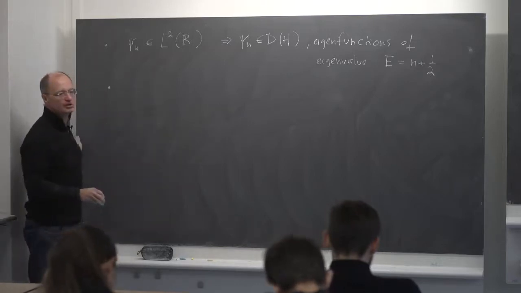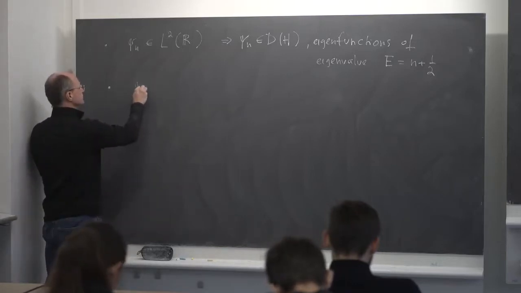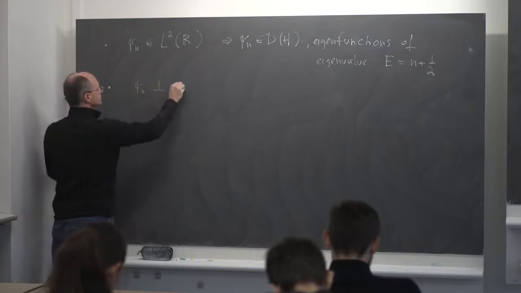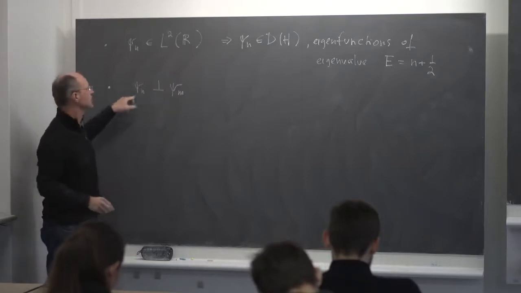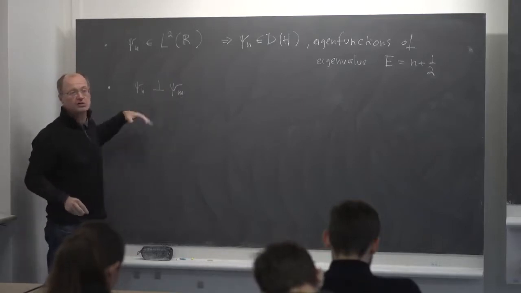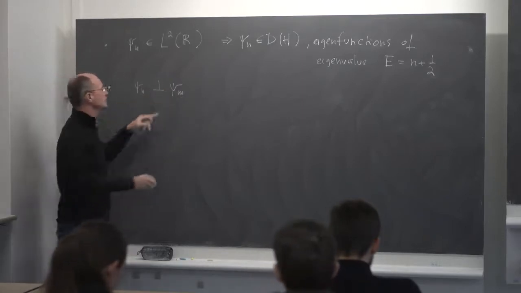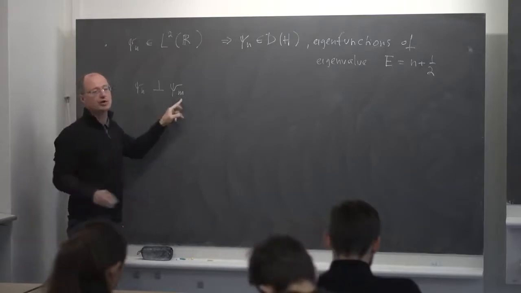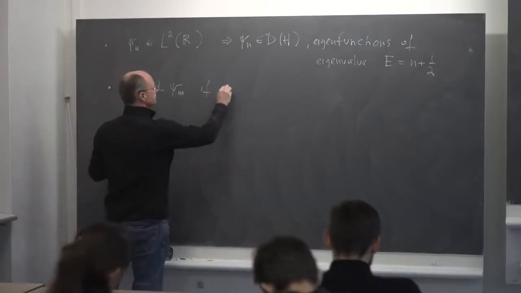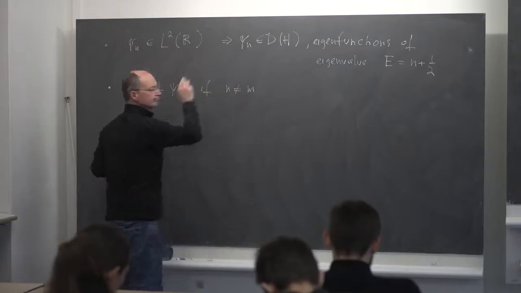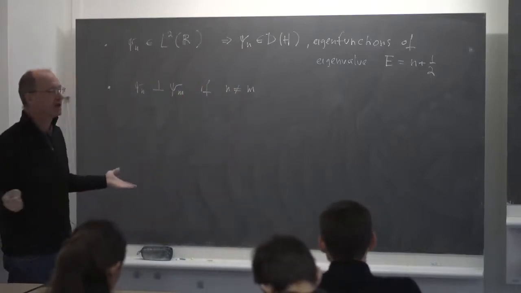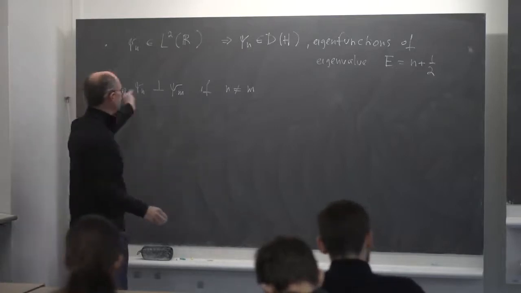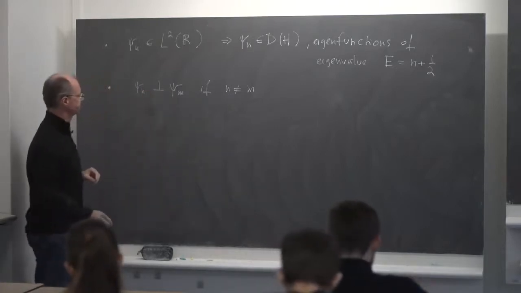Maybe just a side remark. If this is the case, then it's easy to show by standard linear algebra arguments that they're L2 orthogonal to each other if n is different from m. They are eigenfunctions of different eigenvalues, so they have to be L2 orthogonal.